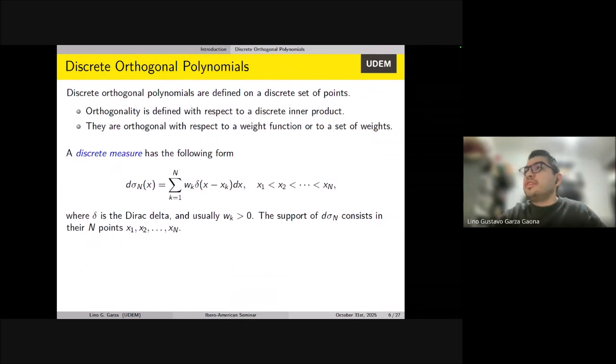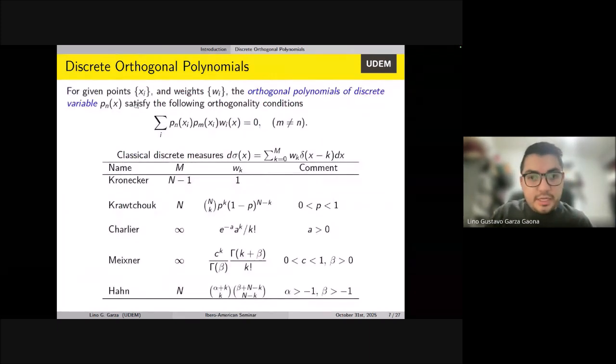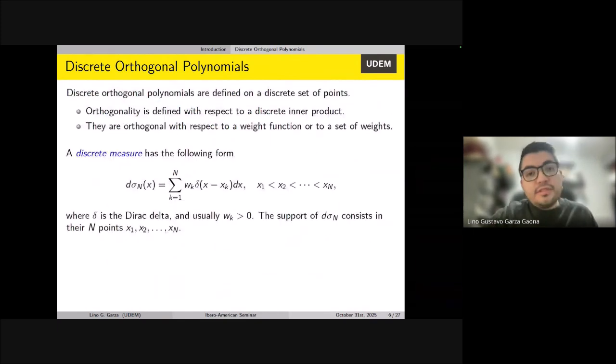Also, I'm going to present here the definition of discrete measure and discrete orthogonal polynomials. In this case, these discrete orthogonal polynomials are defined on a discrete set of points. We can construct a discrete inner product, and the orthogonality is defined against that inner product.